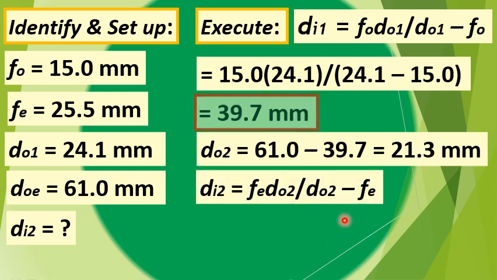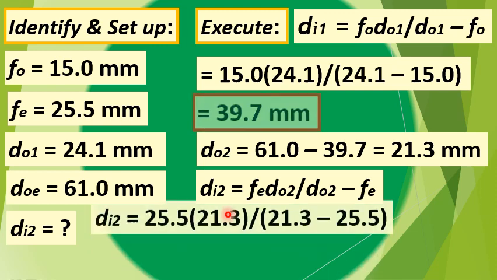So we are now ready to determine the final image distance labeled as d sub I2. Again, using the thin lens equation that has been derived, that is equal to the product of the focal length of the eyepiece and the second object distance, d sub O2, and their product will be divided by d sub O2 minus the focal length of the eyepiece.